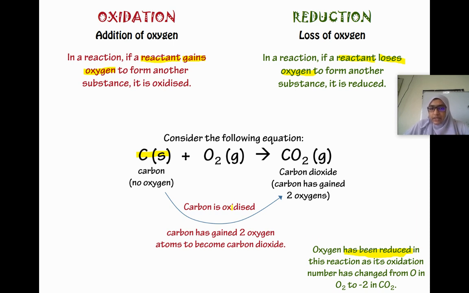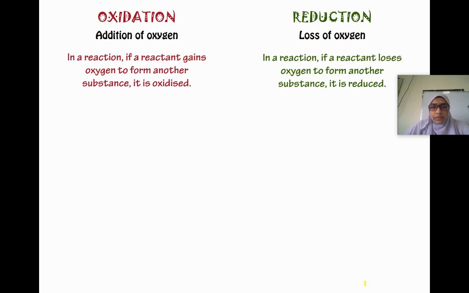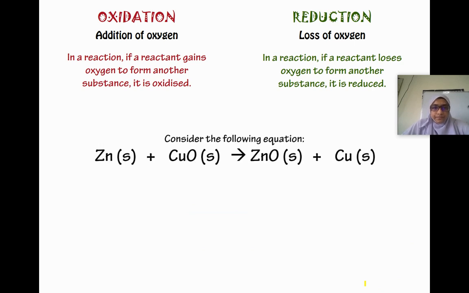But you can't explain the reduction of oxygen in terms of gain or loss of oxygen, because oxygen here is O2, over here is still O2, right? However, if you do some calculations, you'll find out that the oxidation number of the oxygen has changed from 0 to -2. This one, we will talk about in the increase or decrease in oxidation number part of the session, okay? All right.